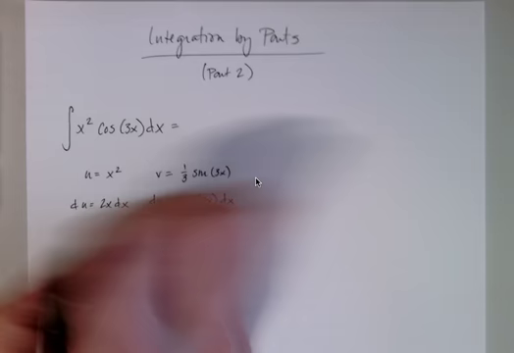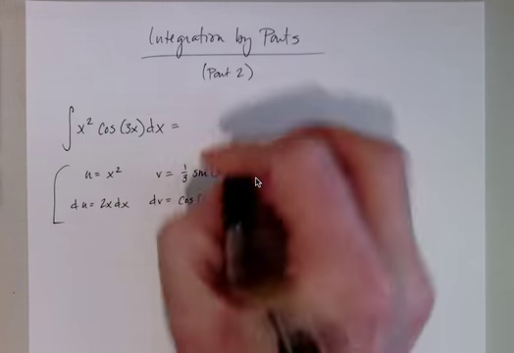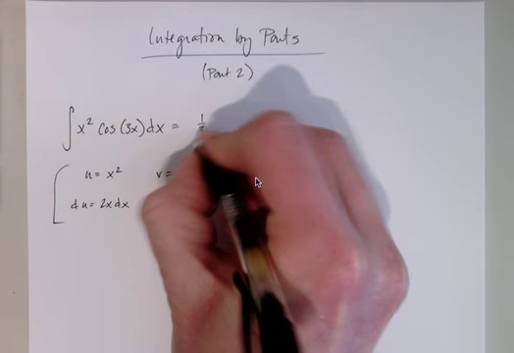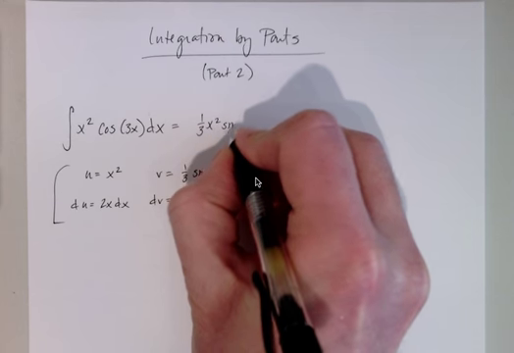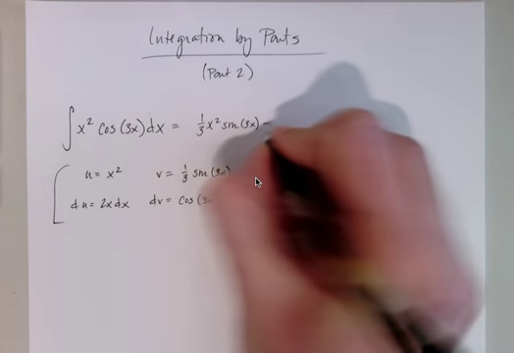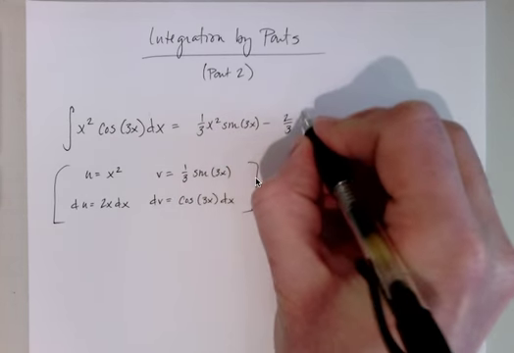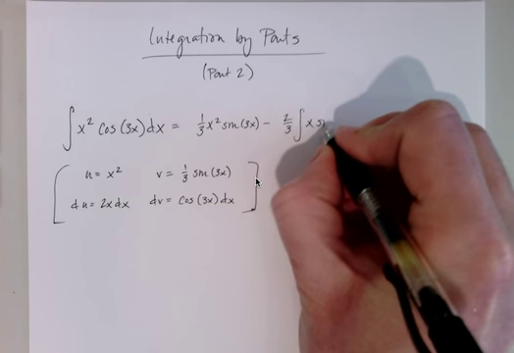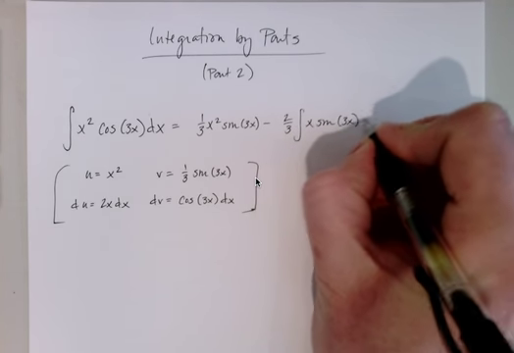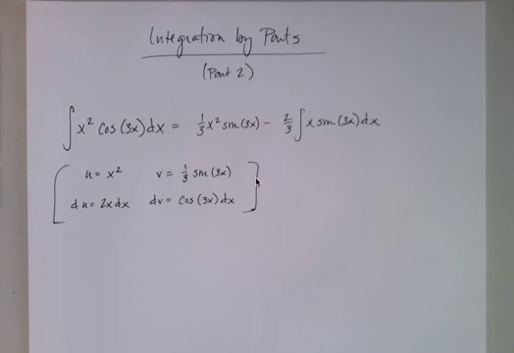Okay. And so we go ahead and do this first step, and we're going to get 1/3 x squared sine 3x minus 2/3 x sine 3x dx. Okay? Well, here's the thing.